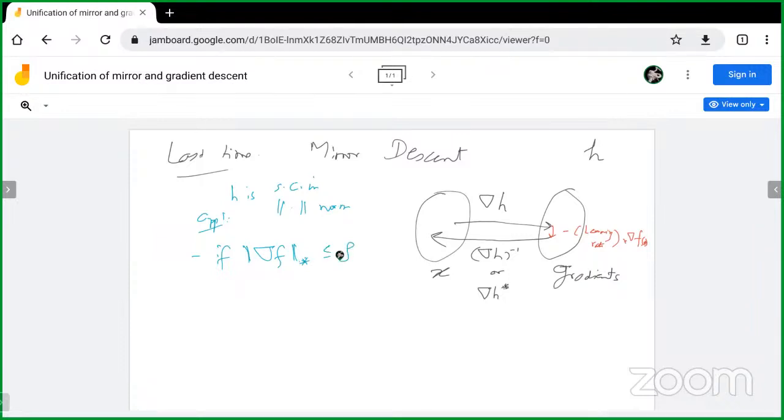Then you get a nice guarantee. So you get your usual rho over root T kind of convergence. Essentially, this was the idea.